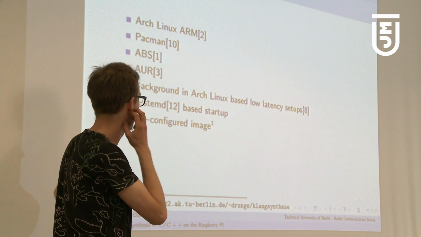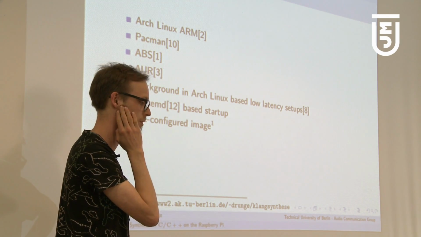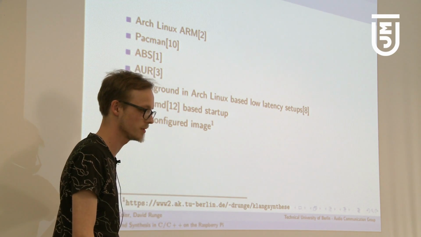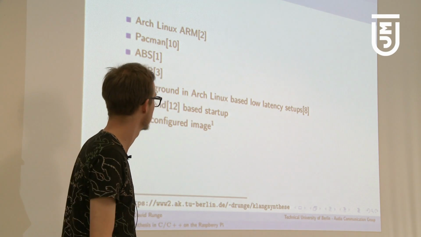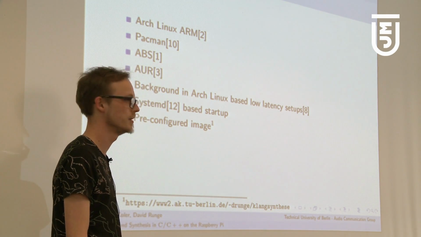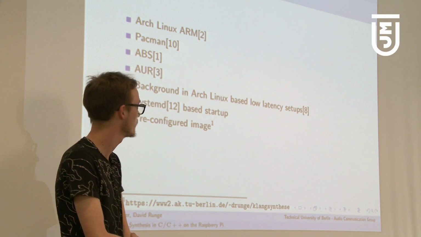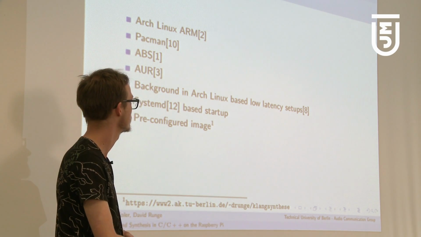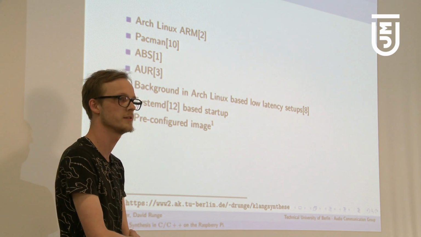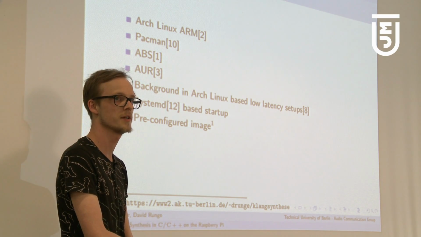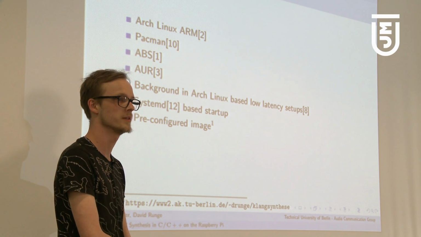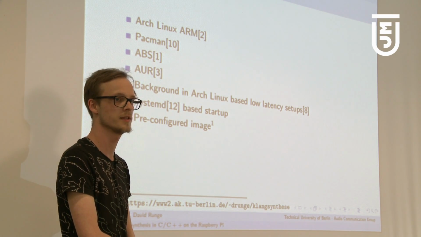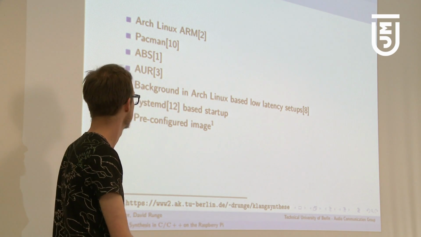I did some low latency setups, not for ARM systems, but two years ago I had a talk on that during the LAC in Mainz. That was about basic setups using systemd on Arch Linux, starting JACK, and introducing low latency by setting up proper IRQ scheduling.